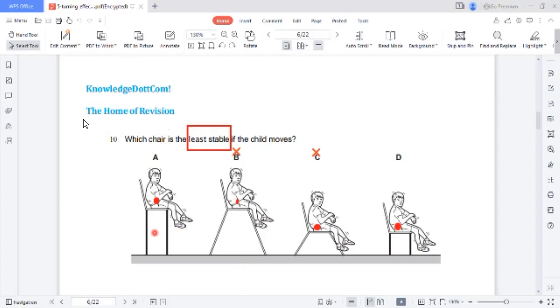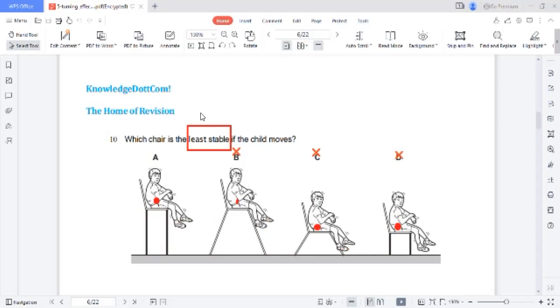So with respect to area, that is base area, out of these four. Now, the second thing is their center of mass or center of gravity. This one has a lower center of mass, so it looks comparatively more stable than A. The center of gravity for A is a little high, so it is less stable and this one is more stable.